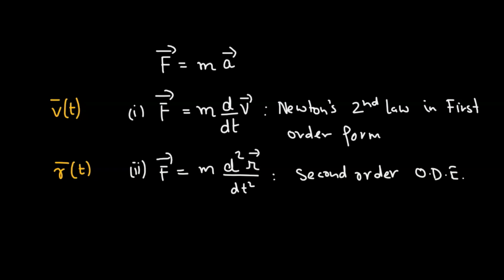Our goal will be to find the position vector and the velocity vector. If we have these two pieces of information, then we can derive the entire trajectory of a particle. That is what is going to give us the equation of motion.